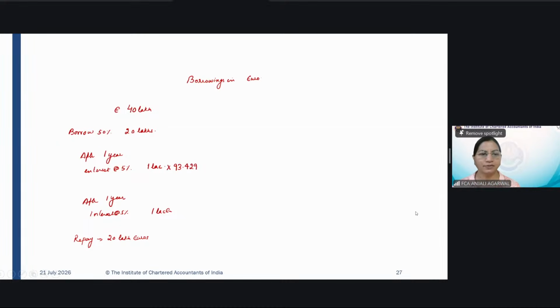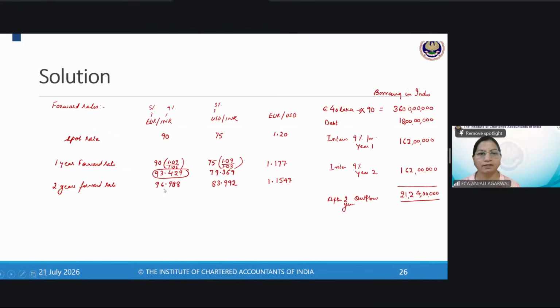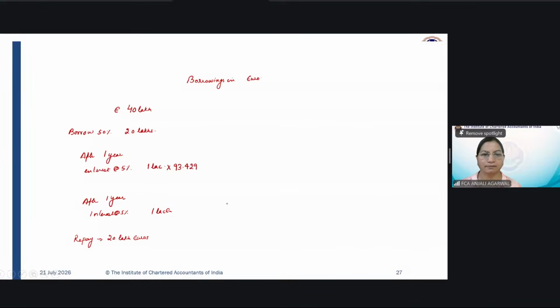And this 1 lakh which you pay after another 1 year, 96.988. And the 20 lakhs also you will pay at the end of 2 years, 96.988.